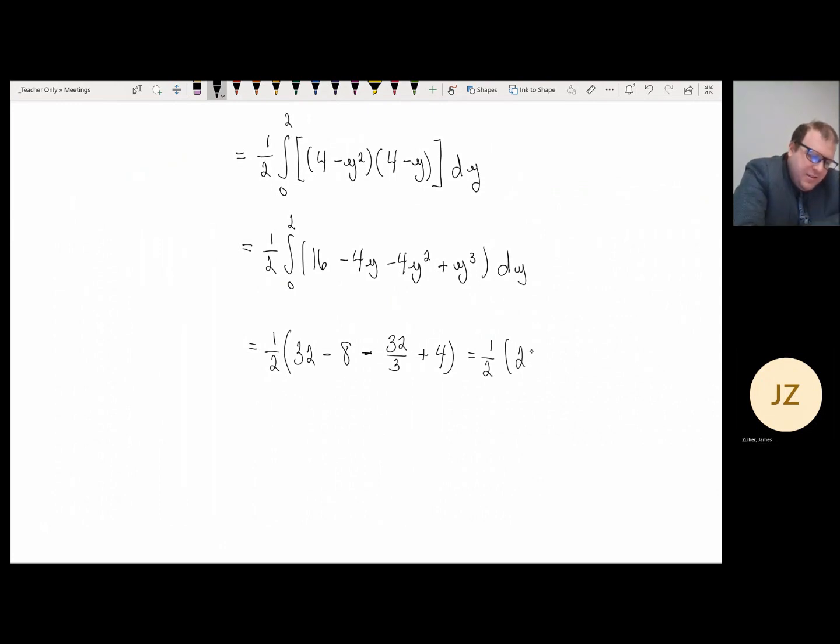That'll be 28 minus 32 over 3. Common denominator is going to be 3. 28 times 3 is 84. And then 84 minus 32 would be 52.